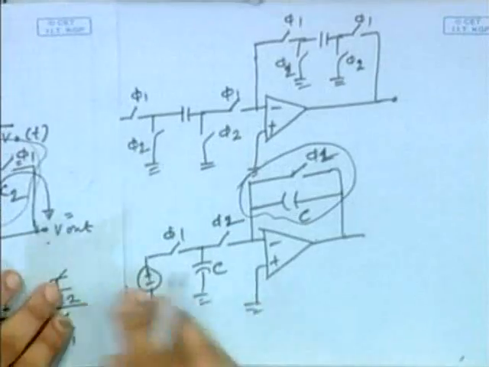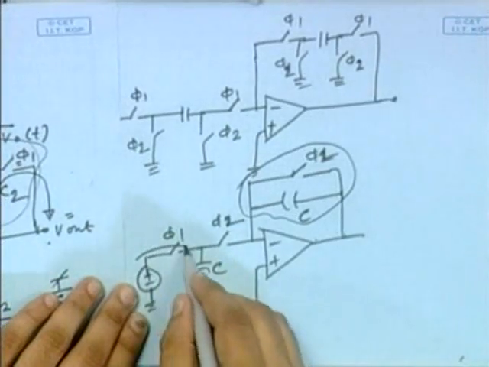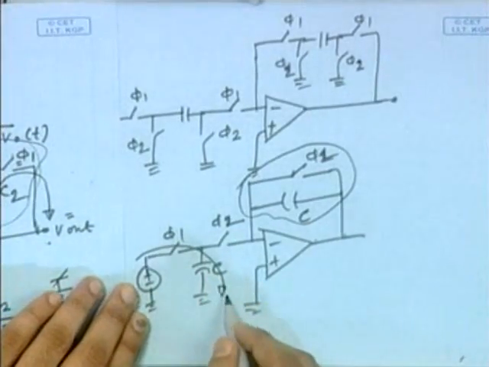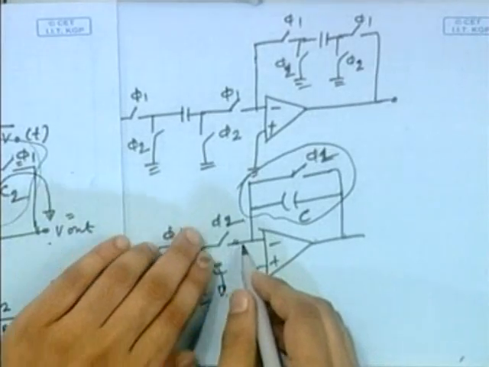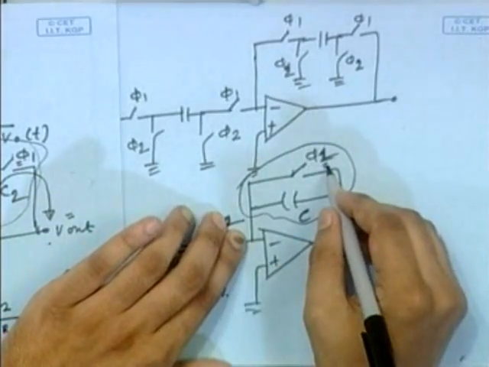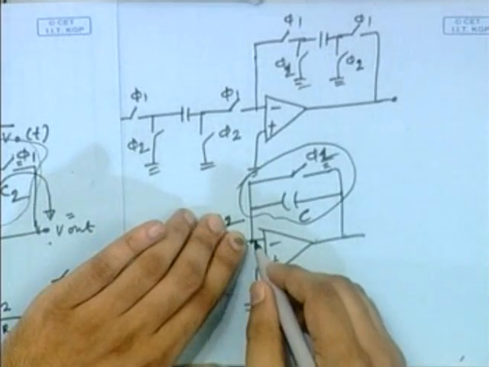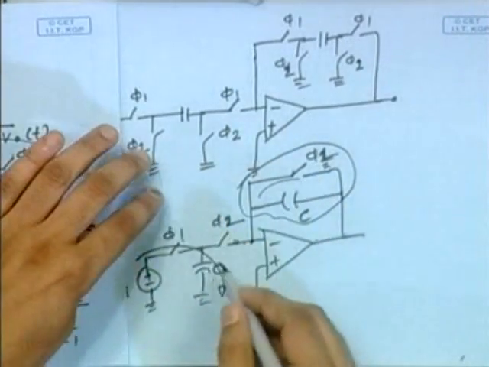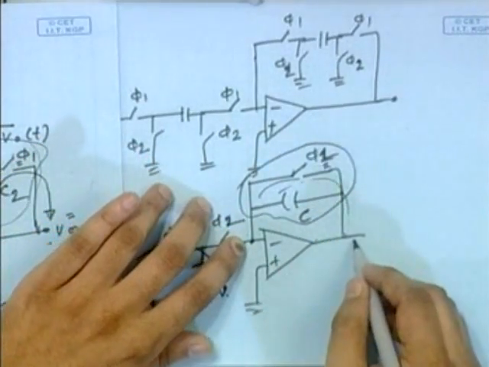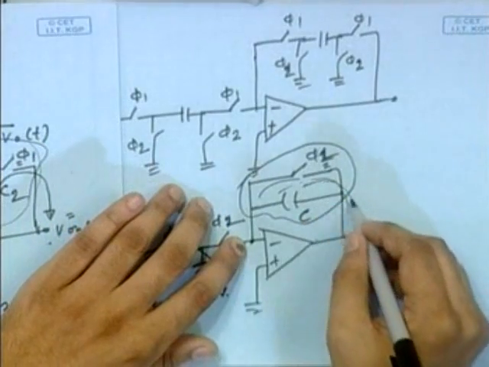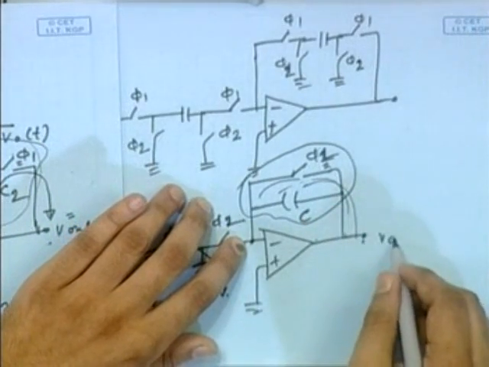So what we are doing here: for the first one, when it is getting charged for phi 1, phi 2 is off. During that period phi 1 is on, so this is at ground potential. During that charging, this one is equal to 0 volt.